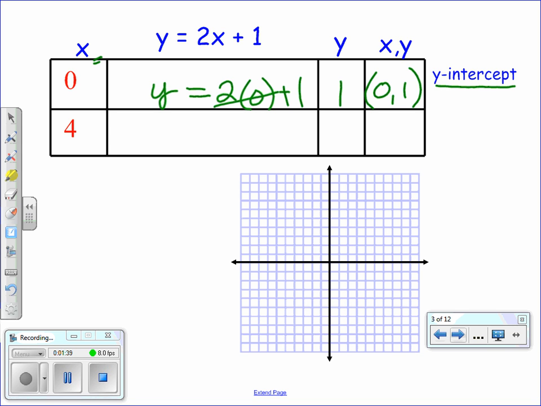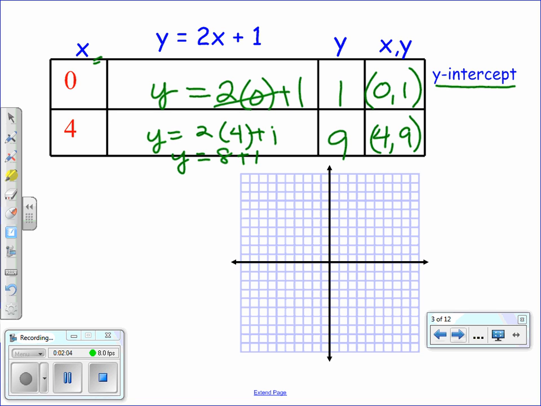What happens when x equals 4? y equals 2 times 4 plus 1. 2 times 4 is 8, plus 1 is 9. So when x is 4, y will be 9. You guys know how to do this now.